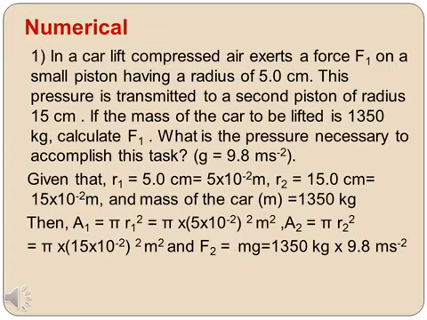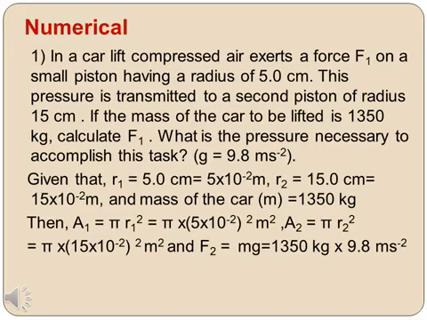What are the areas of cross-section of the first piston and second piston? They are A1 is equal to pi R1 square is equal to pi into 5 into 10 the power of minus 2 all square, and A2 is equal to pi R2 square is equal to pi into 15 into 10 the power of minus 2 all square.